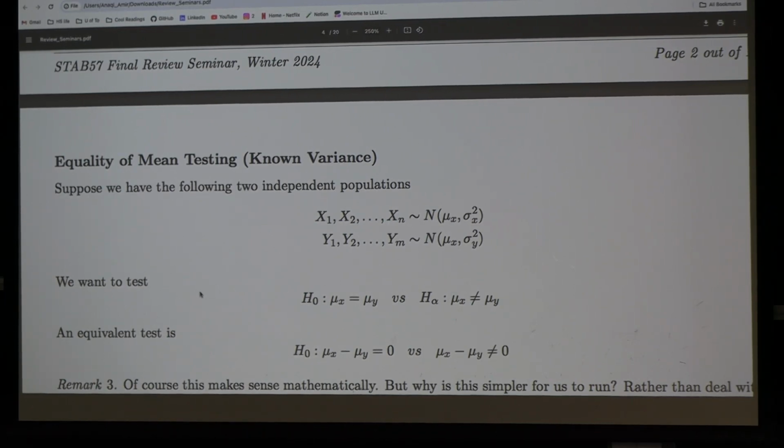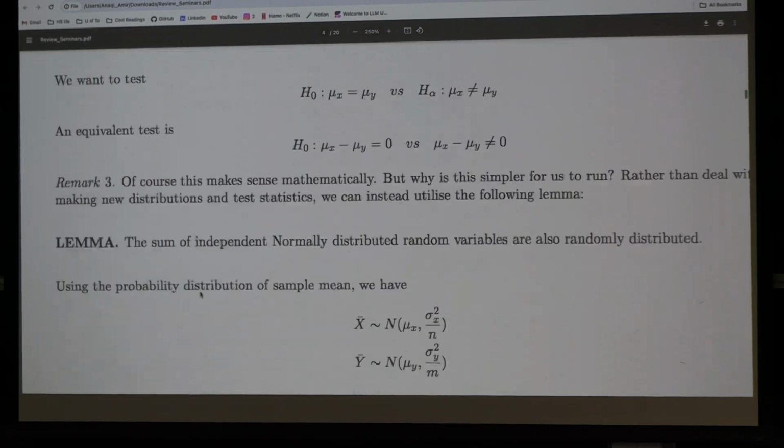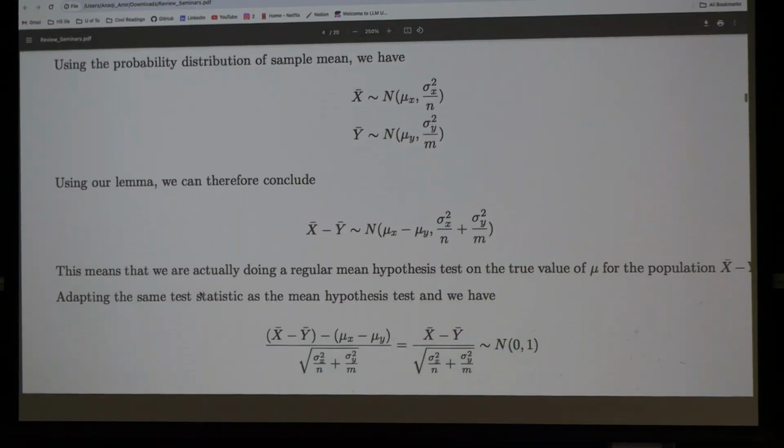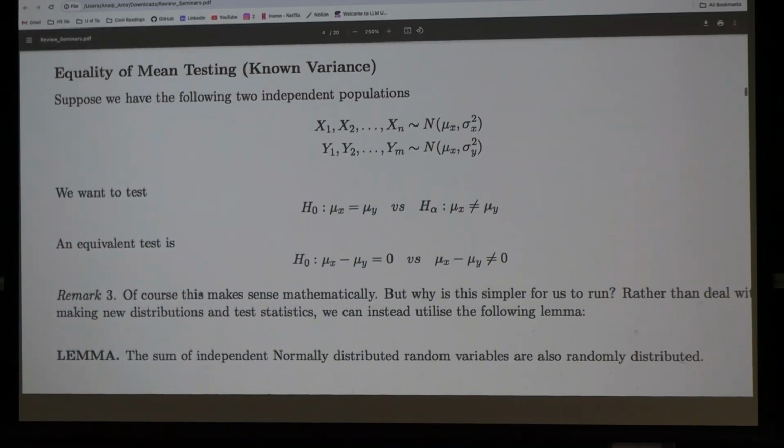Because if you remember, before your midterm, you probably went over, I think it was the t-test. Is it the t-test? It might be. It's the test for just the mean of a singular distribution.